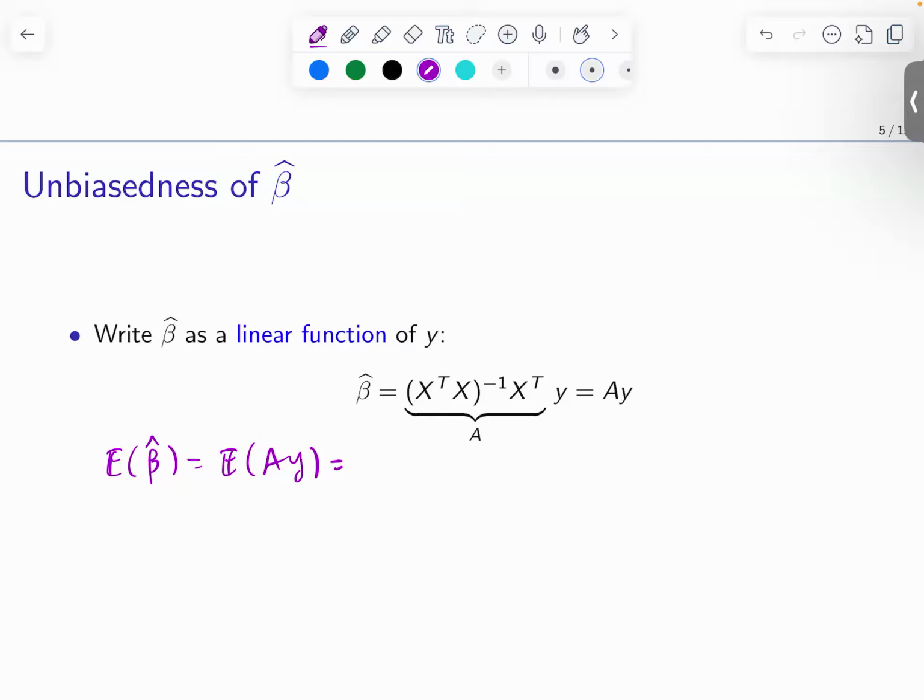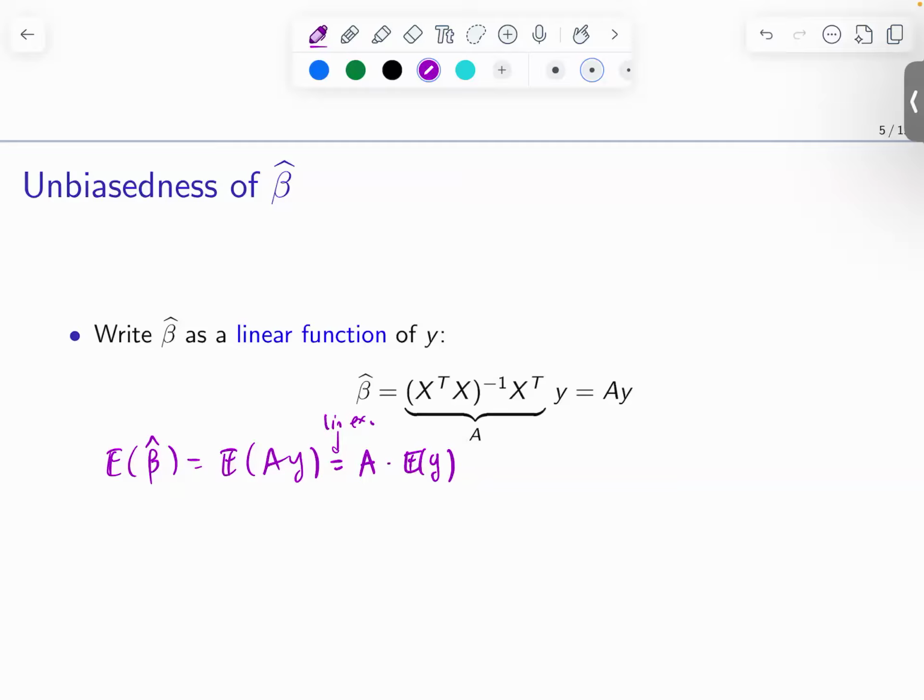After you take the expectation, A is just a constant in this case, so it'd be A times the expectation of Y. Good. This is by linearity of expectation again. A is a linear operator, so it comes out.